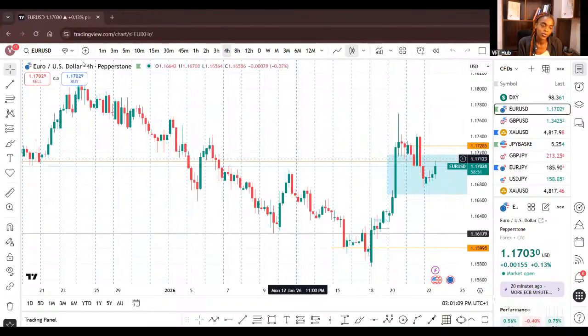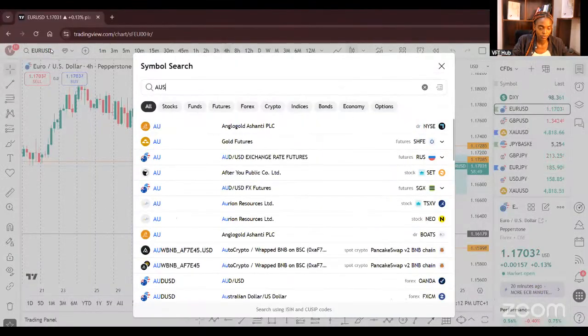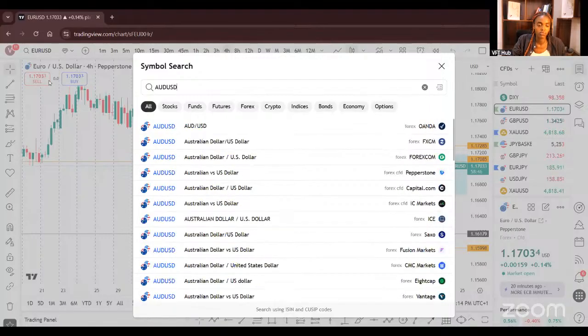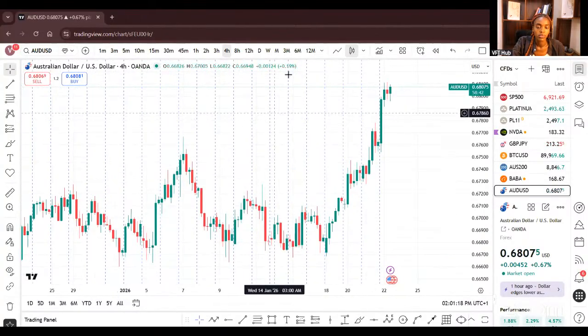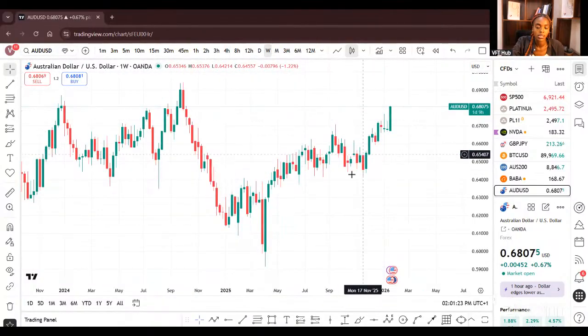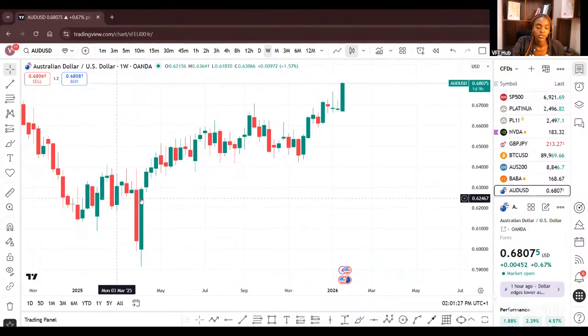So, starting off with AUD USD. The weekly time frame, as seen right here, most recent price action tends to be bullish, right?